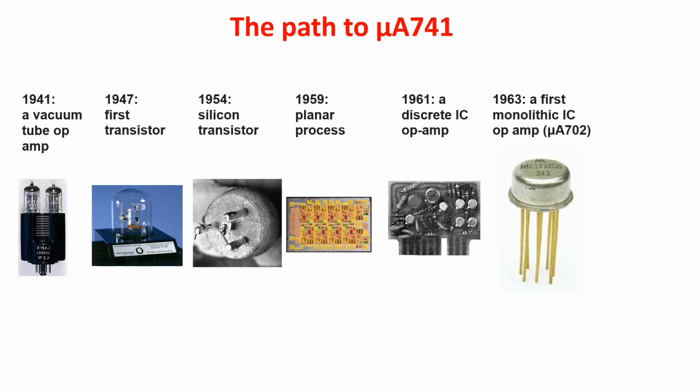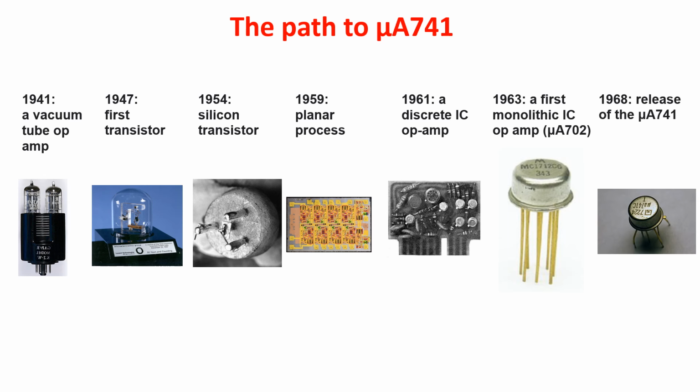Later, Bob Widlar went to National Semiconductor, which under his guidance released the LM101, solving a variety of issues. Finally, in 1968, Dave Fullagar at Fairchild Semiconductor released the uA741, which was extremely similar to the LM101, except that Fairchild's facility allowed them to include a 30 picofarad compensation capacitor inside the chip, instead of requiring external compensation.